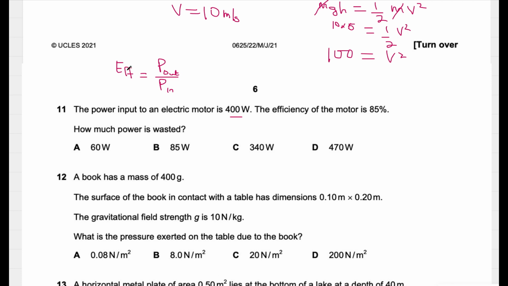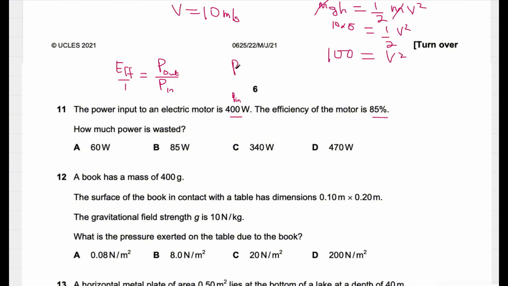But this is already given in percentage, 85%. So we put our 85 here because they say the efficiency is 85%. Our input power, P in, is 400 watts. So we substitute and we find the output first. If you cross multiply, you see that output is equal to efficiency times power input.